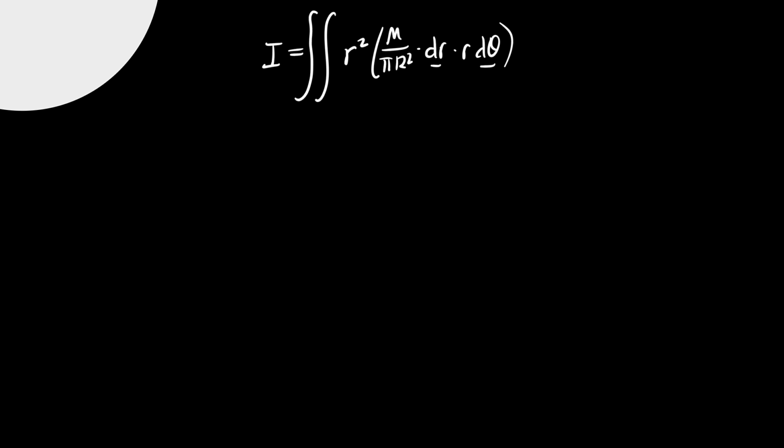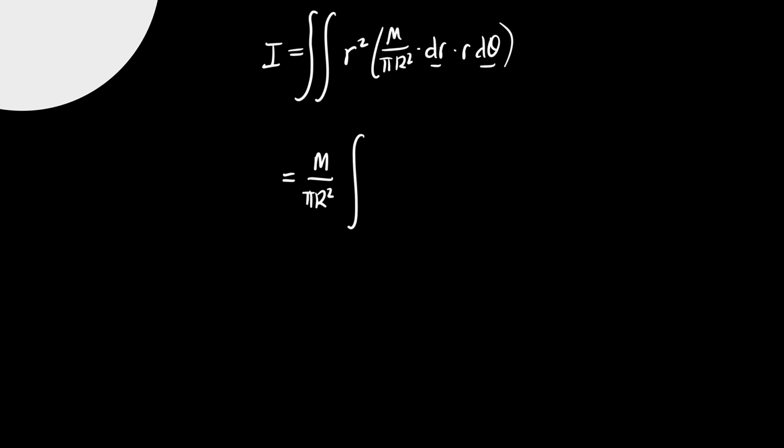Now, I want to reorganize this, perhaps pull out something that is common to every factor and put in my limits. So I think the mass of the disk is common to every factor. And I think pi r squared, common to every factor, right? Those are constants. They don't change with where I am on the disk. So I will pull out the m over pi r squared.